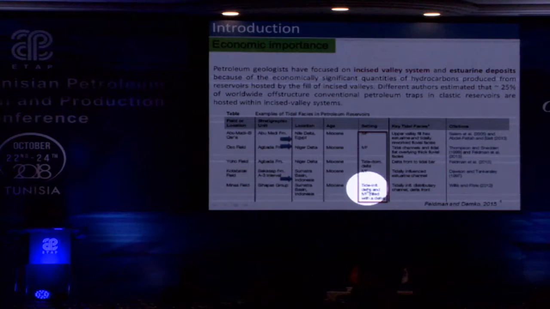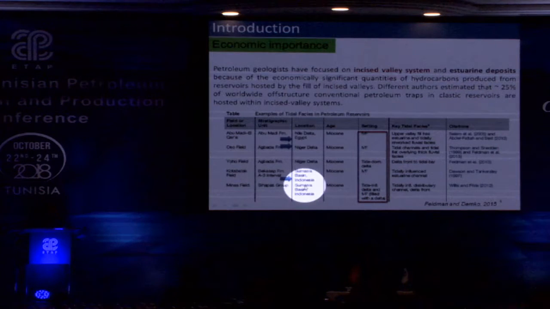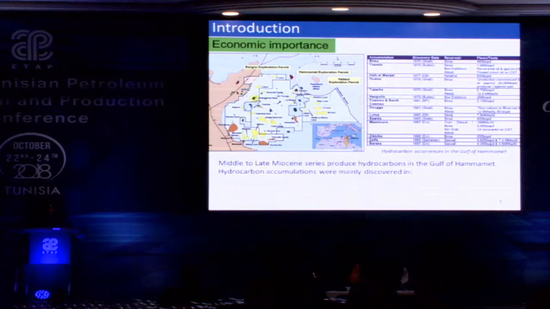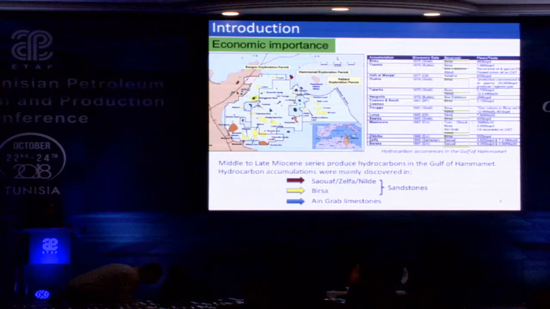Incised valley fill systems are discovered mainly in, and produce hydrocarbon from, the Nile Delta in Egypt, the Niger Delta, and the Sumatra Basin in Indonesia. These incised valley series are discovered mainly in the Miocene series. Whereas in the Gulf of Hammamet, Miocene series produce hydrocarbons, and the accumulations in these reservoirs are discovered mainly in the Ain Ghrab limestones, Birsa, and Saouaf sandstones.